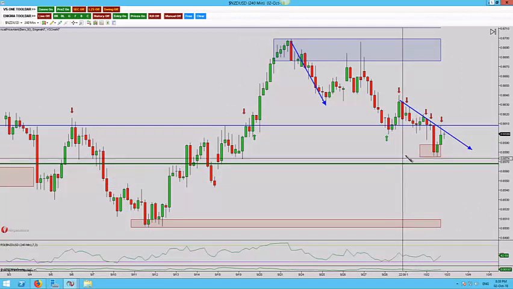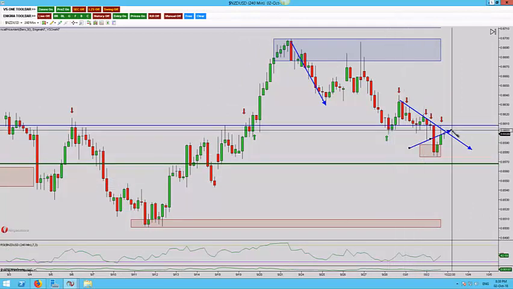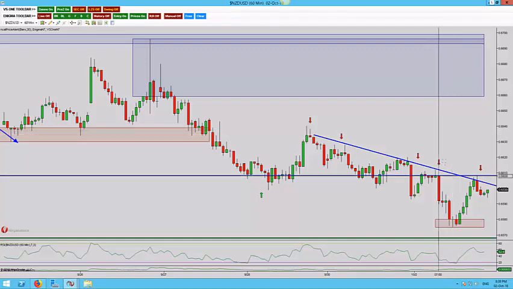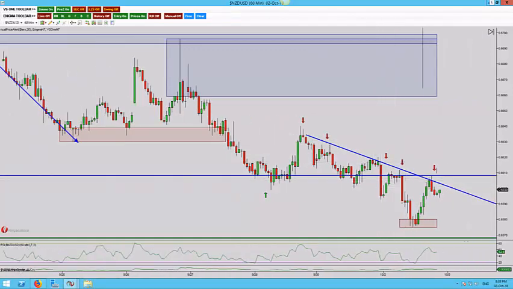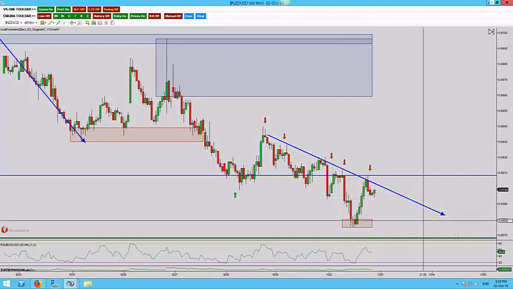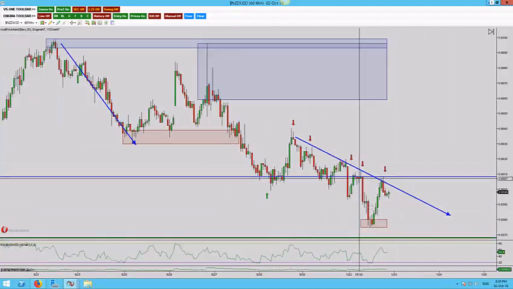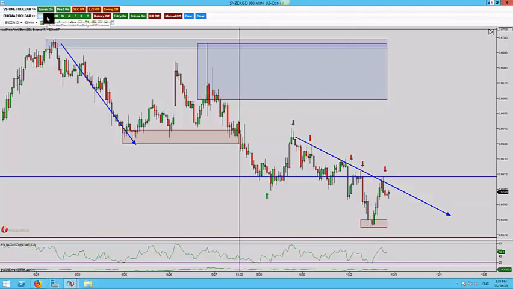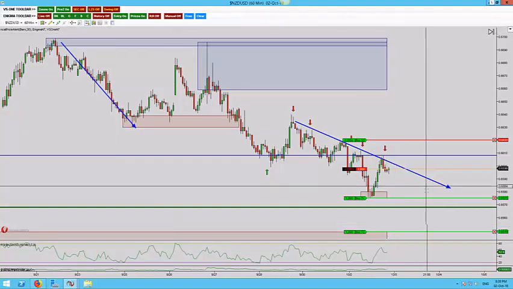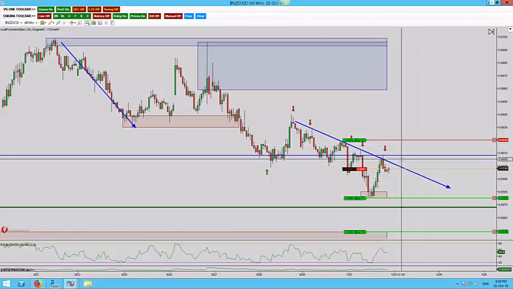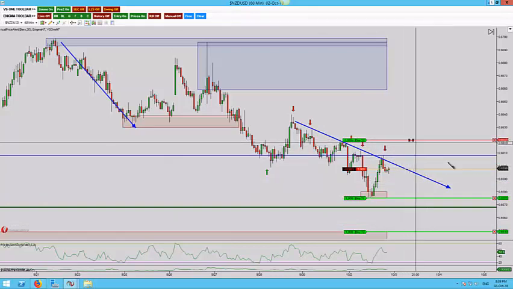So we're coming into the wicks here, and so this is on the 240 an early place to get a trend continuation trade, but you can see here with this falling trend line that this is quite a good area for entries. So if I bring on the entries, again this is just a 1-to-1 risk to reward here.